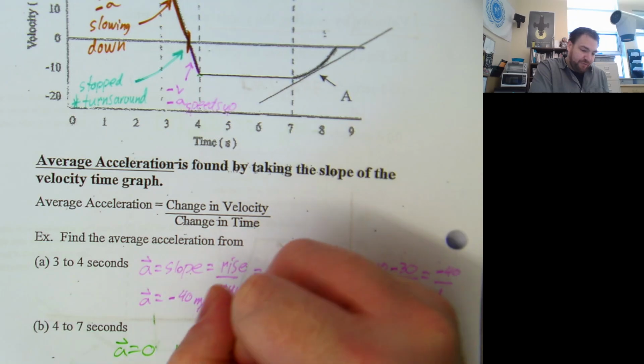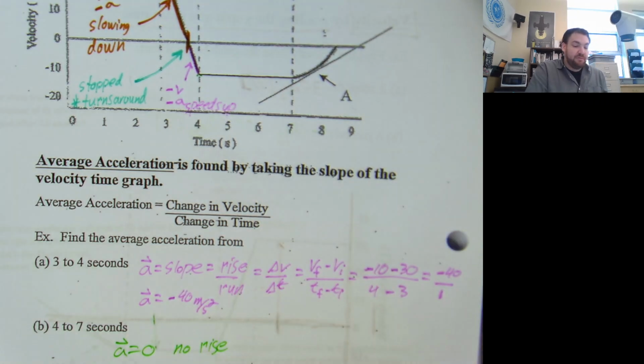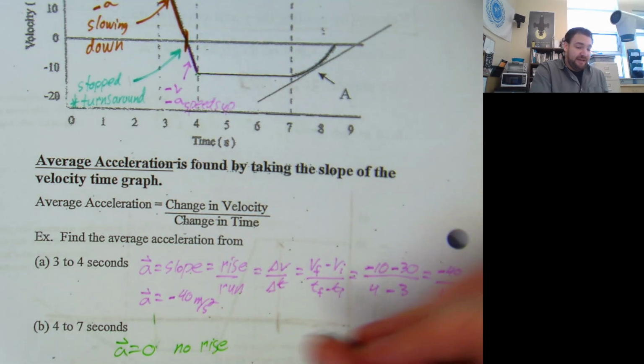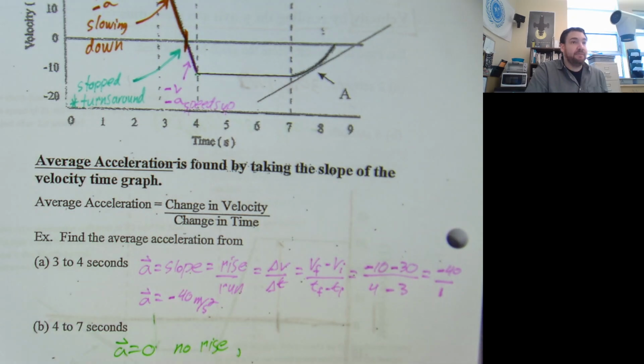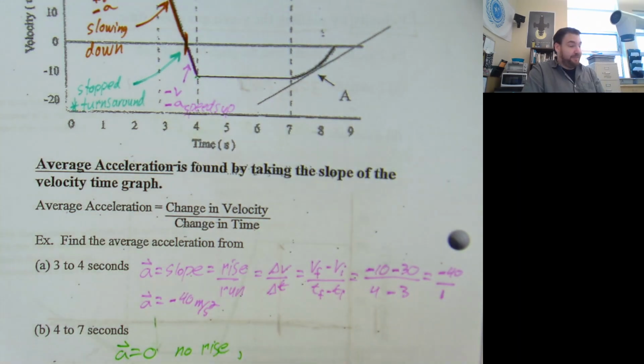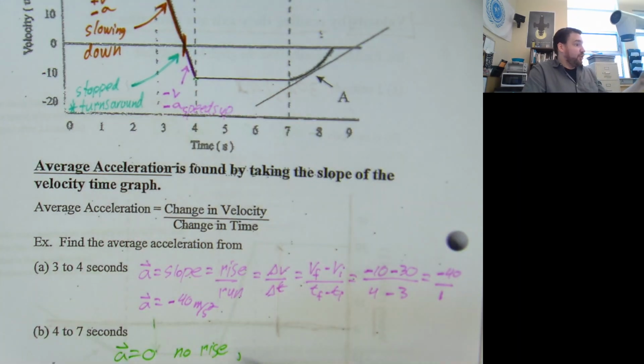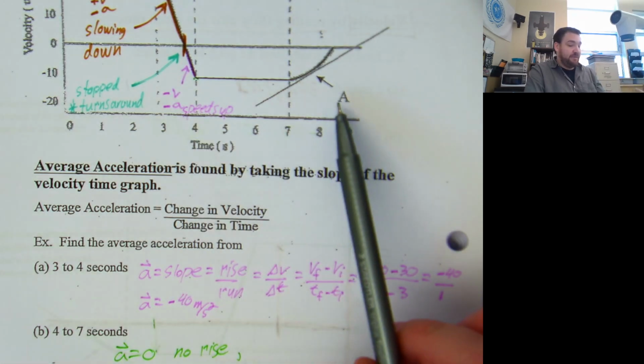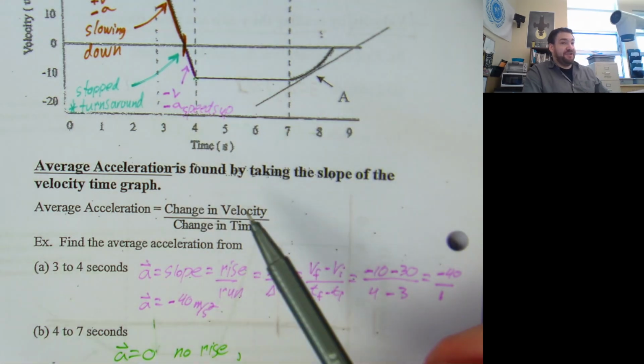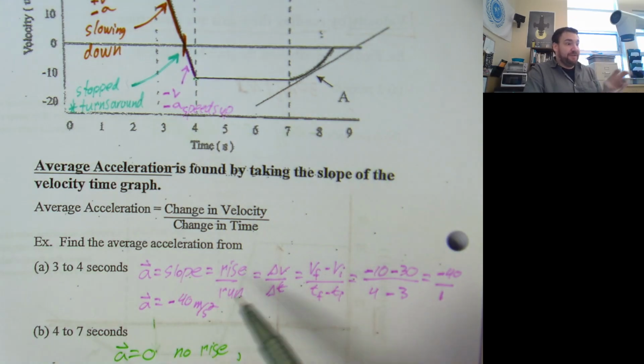There's no rise, or physically, the other way to think about it is what? That's this same thing. You're still using slope there. No rise divided by a 3-second run. But if I want to ignore the math for a second, I want to look just at physically what's happening.